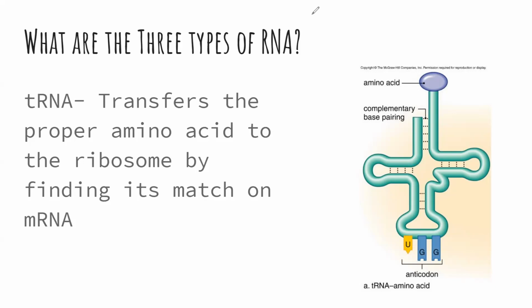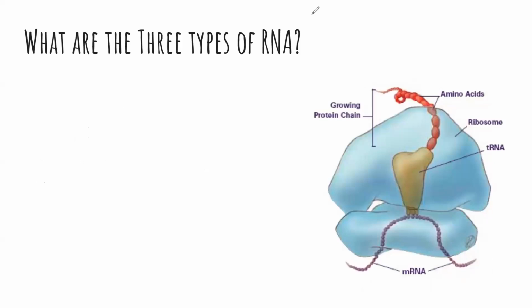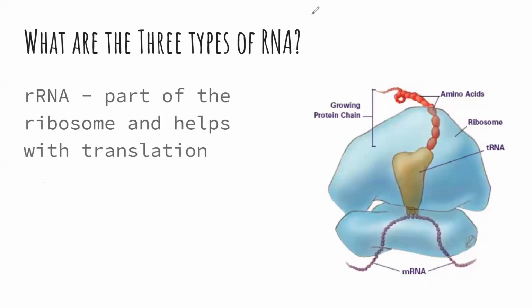We will talk about that later on in this unit. rRNA, or ribosomal RNA, is an important and integral part of the ribosome. The ribosome builds proteins based off of the information from the mRNA. rRNA also helps with translation. We will talk about this later on this unit.